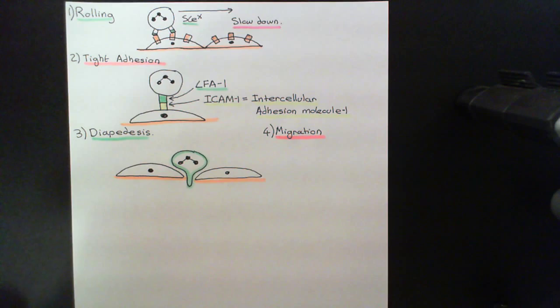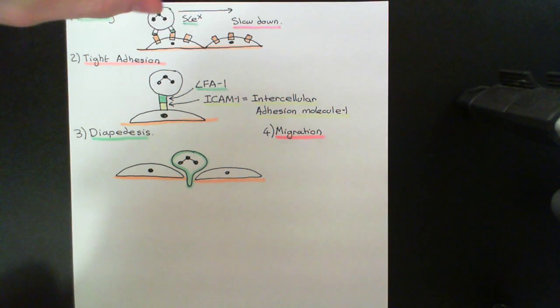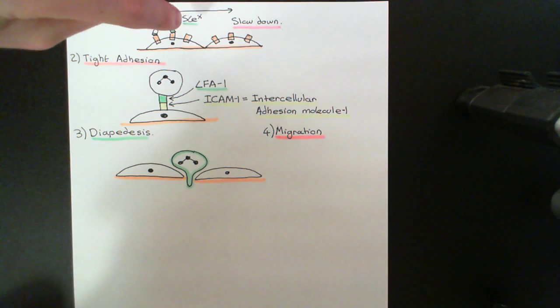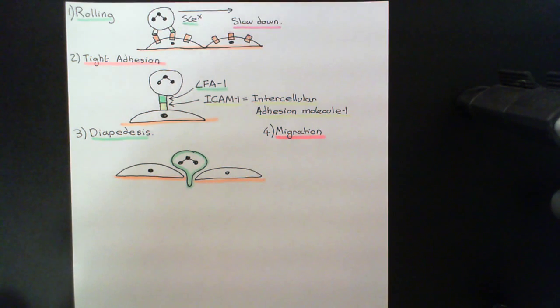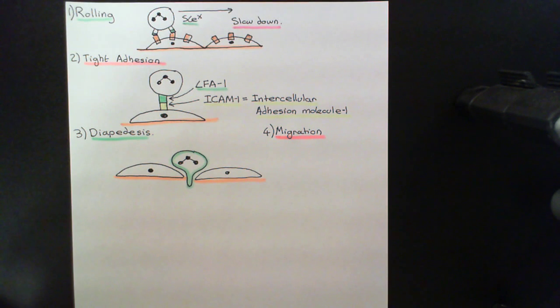So this will allow the neutrophil to continuously form and break interactions between sialyl Lewis X molecules and p-selectin molecules on the surface of the endothelial cells, and this will allow the neutrophil to roll over the endothelial surface, and it'll gradually slow down as it does so.